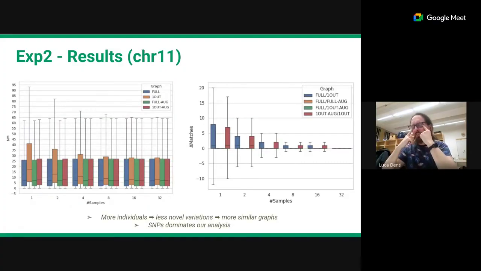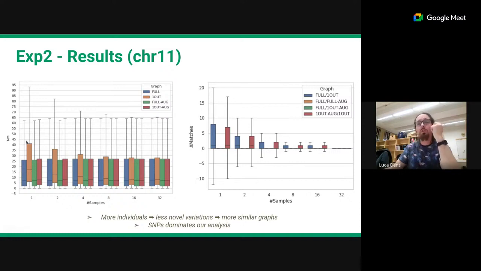Okay, and also here the results are only for one chromosome, but it still looks quite promising. On the left plot, I plotted the distribution of the edit distance of the read alignments against the various graphs with an increasing number of samples.